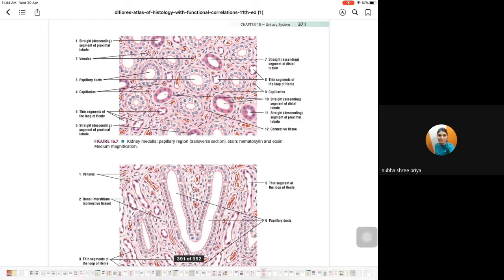You remember proximal tubule, distal tubule, collecting ducts, we can identify more cuboidal cells, and then interstitium with blood vessels.